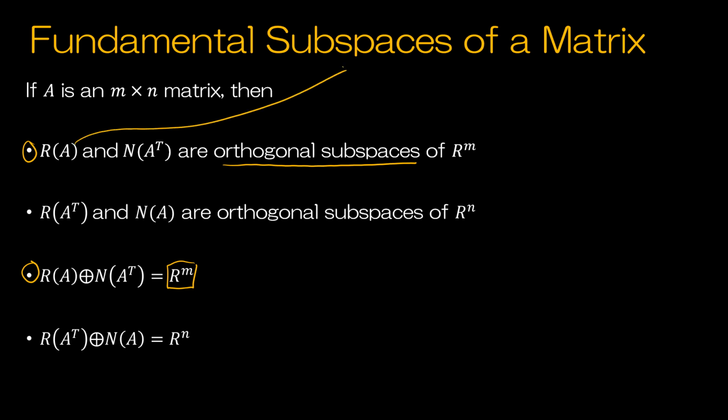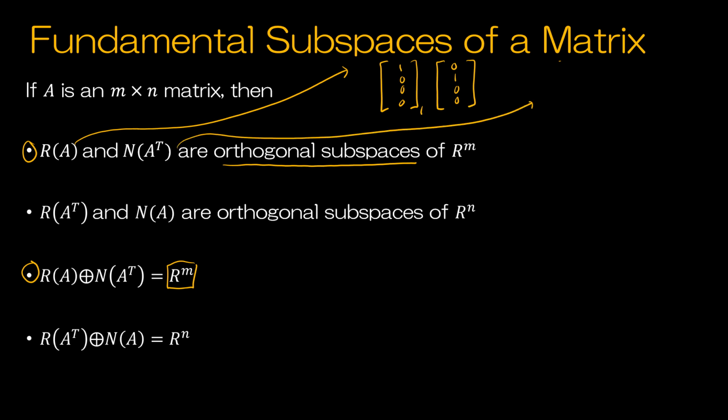The column space of A was 1, 0, 0, 0 and 0, 1, 0, 0. And the null space was 0, 0, 1, 0 and 0, 0, 0, 1. Looks an awful lot like the standard basis for R4.